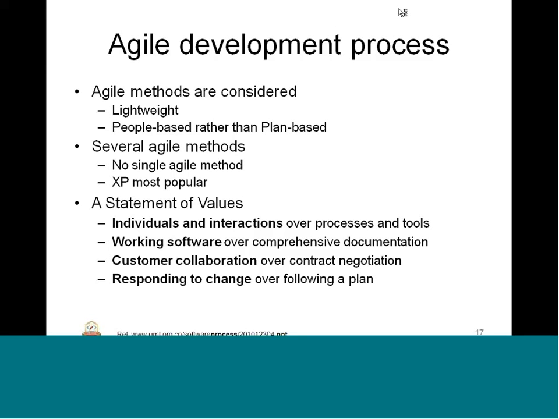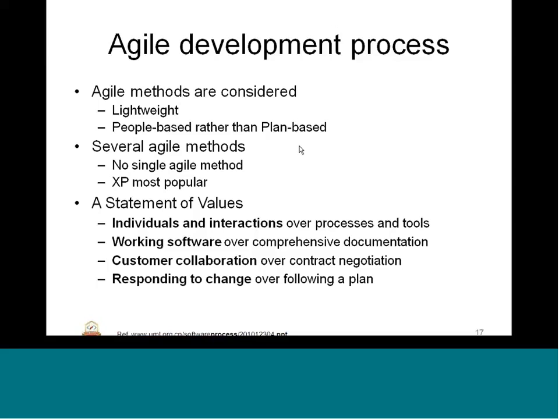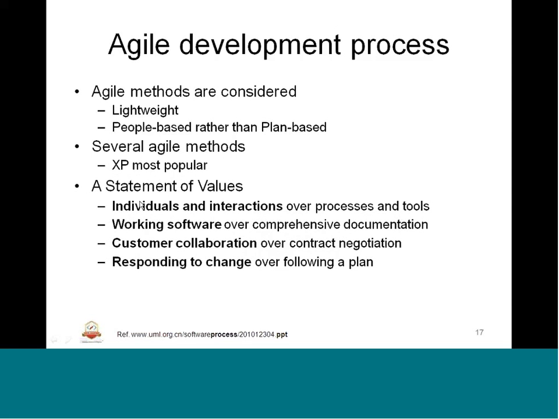A statement of values for the agile process is something like: individuals and interactions take priority over process and tools. Working software over comprehensive documentation, that is the value in the agile process. Customer collaboration over contract negotiation, so the needs of the customer and the customer's client are looked into collaboratively.